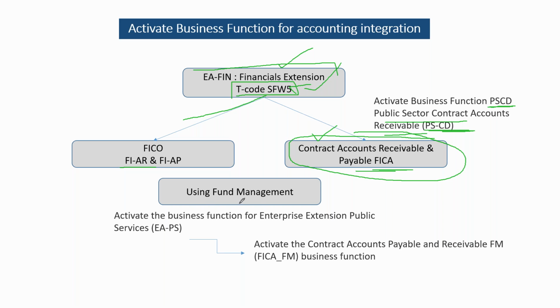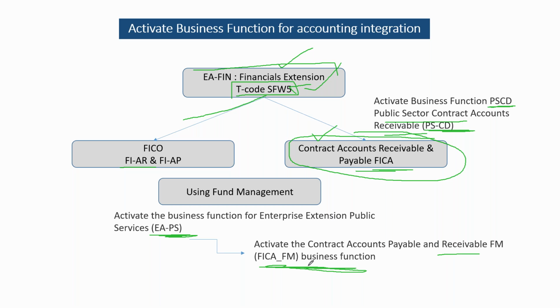Another option is using fund management. There is one more module called fund management, FM. If you are using FM, activate the business function for enterprise extension public services, that is EAPS. That has to be activated first, and then further we need to activate the contract accounts payable and receivable FM, FICA, FM business functions.